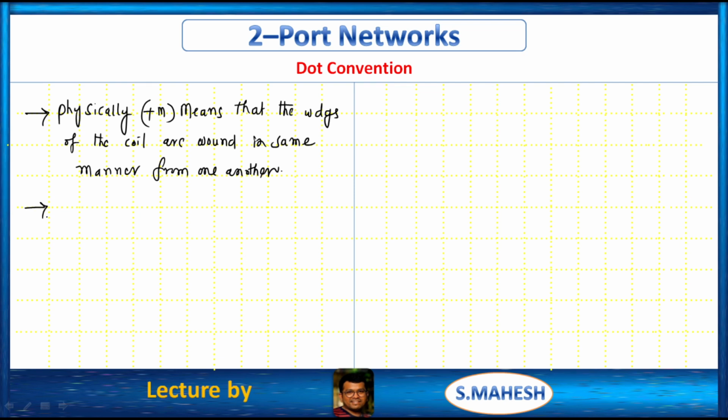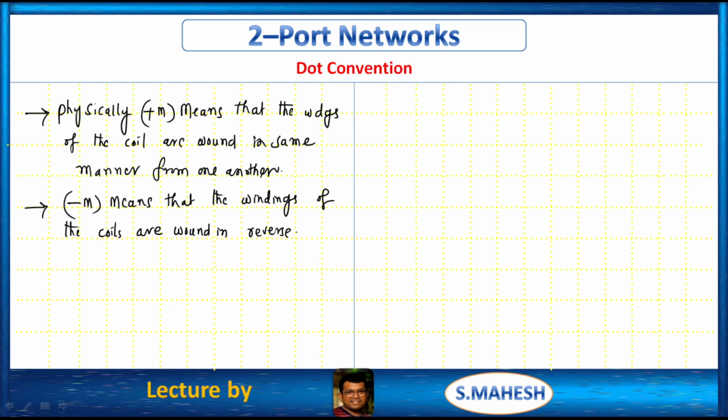Like that, minus M means that the windings of the coils are wound in the reverse way from one another. That's it.